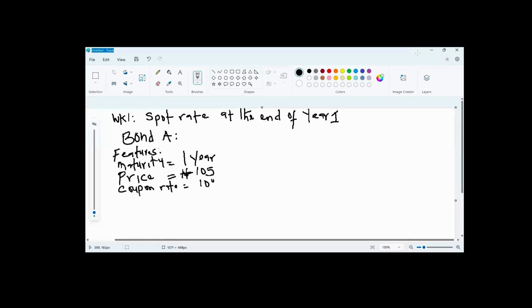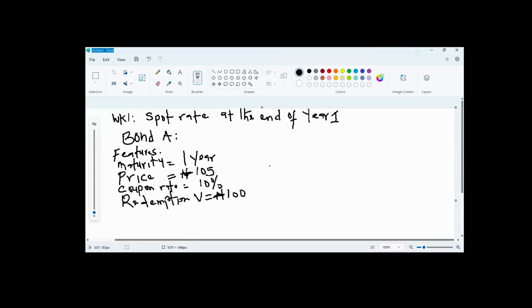The coupon rate is 10%. What is the redemption value of bond A? Redemption value of bond A is 100 naira. These are the features of bond A.